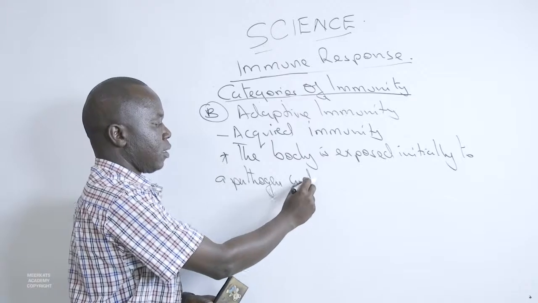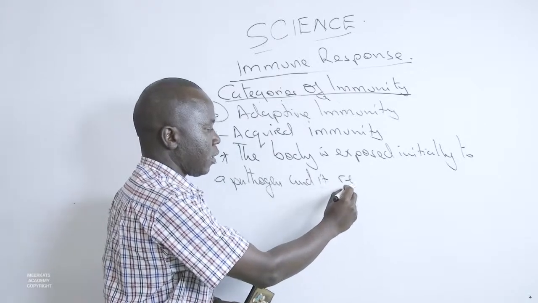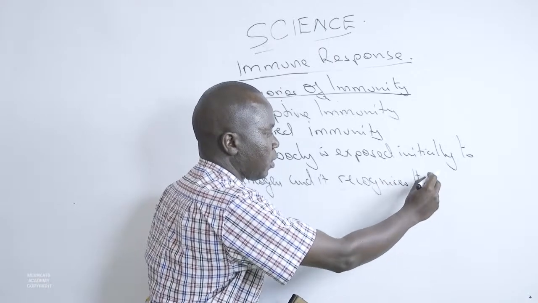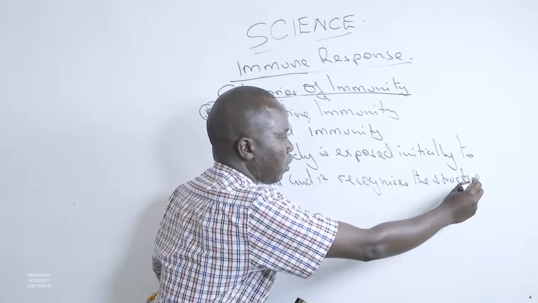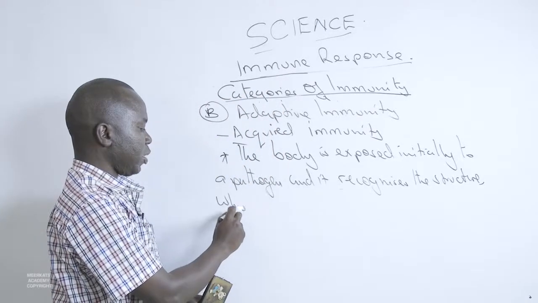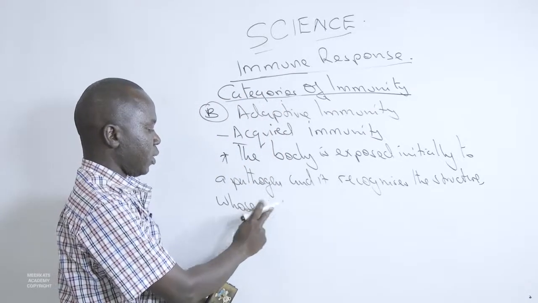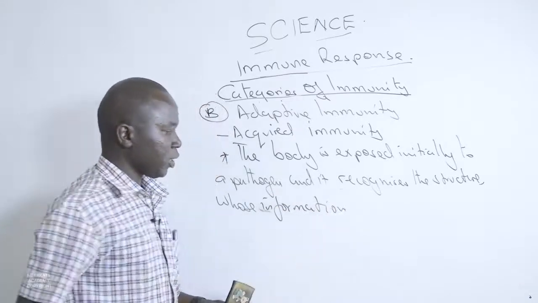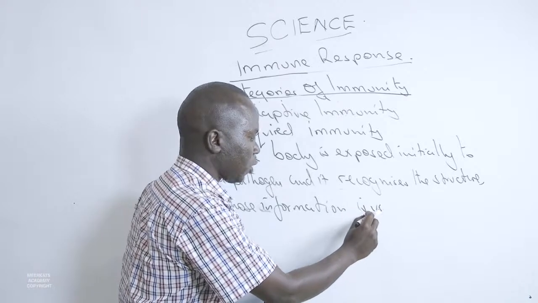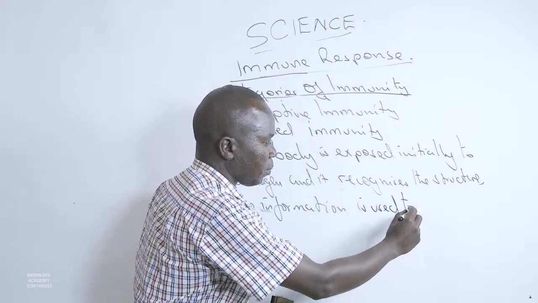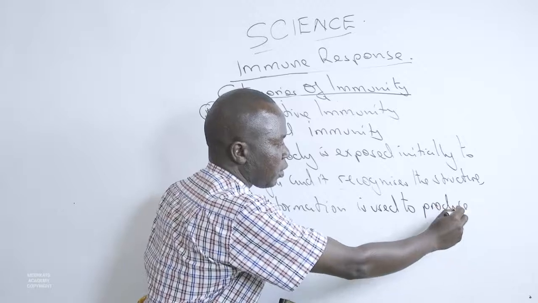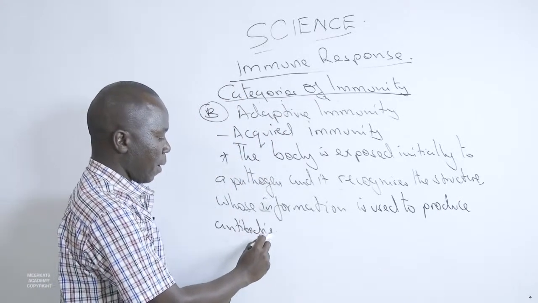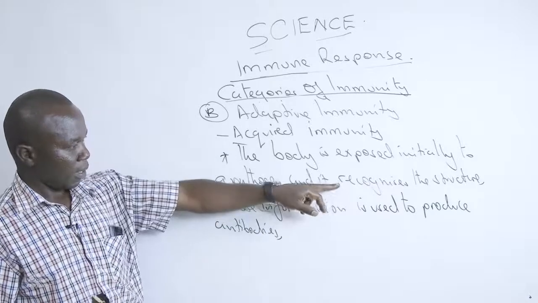and it recognizes the structure, and this recognition information is used to produce antibodies. Antibodies are produced. But it does not stop there.